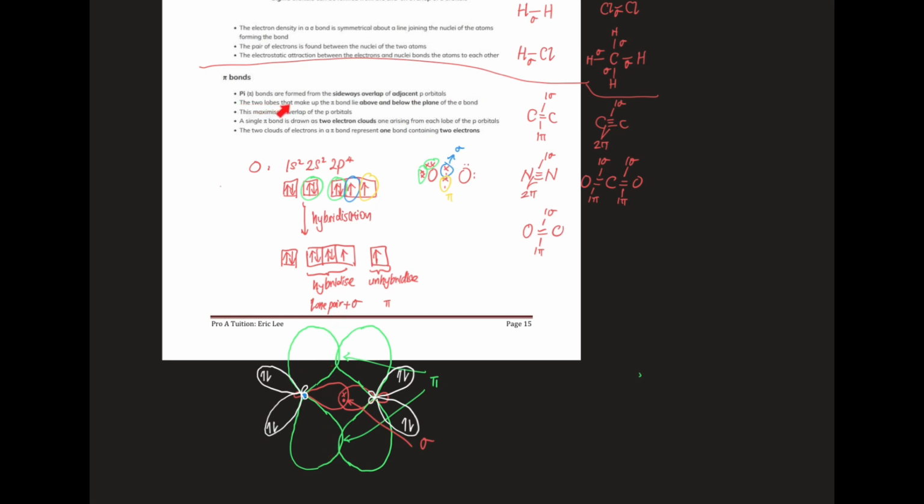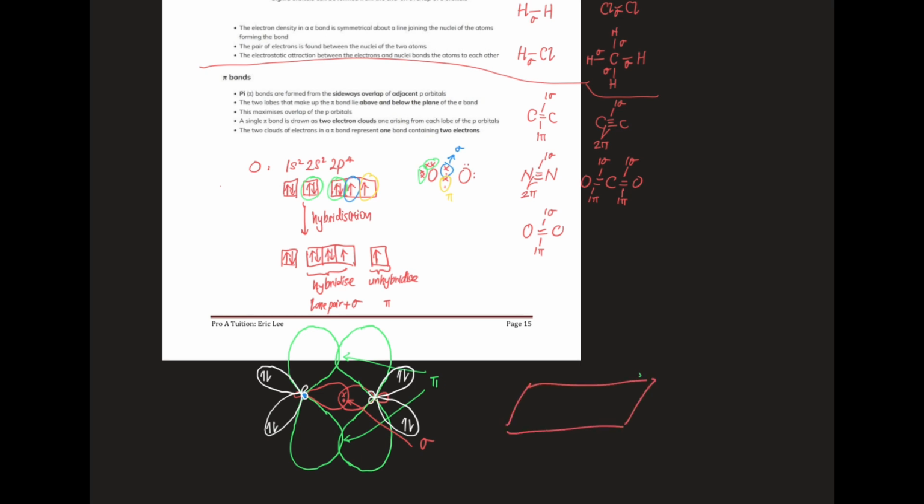The two lobes that make up the pi bond lie above and below the plane. You see, above the plane and below the plane. The plane is here. Imagine three of these lying on a flat, horizontal surface. Something like this. This one is 3D already.